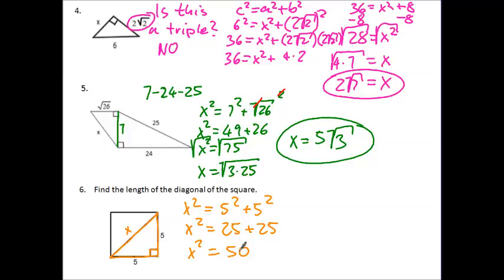Again, 50 is not a perfect square, but we have a perfectly fine perfect square of 25 in there, and that means the square root of x squared is the square root of 2 times 25, right? 25 plus 25, that's 2 times 25. And so x is equal to 5 times the square root of 2.